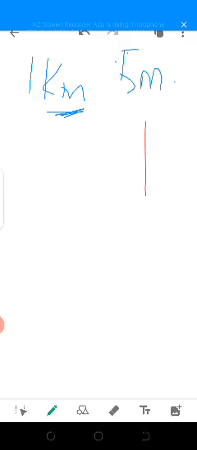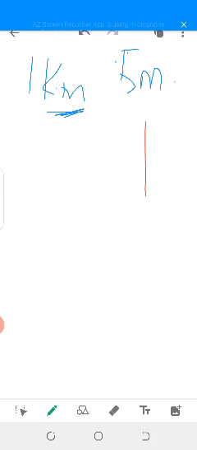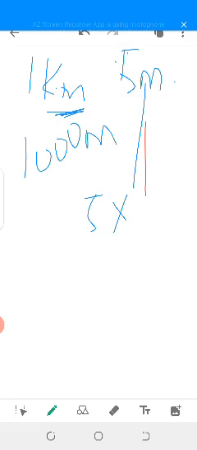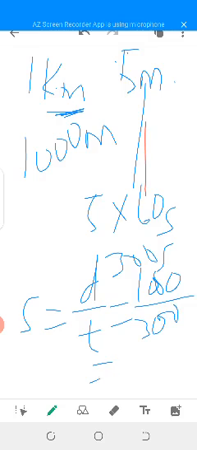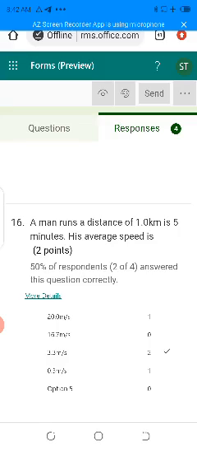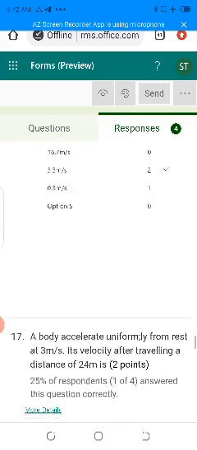So which actually means you need to convert this to meters, which is 1000 meters, and 5 by 60 seconds, which is 300 seconds. So the speed there is distance over time, which is 1000 over 300, and that will give you 3.3 meters per second as the answer.